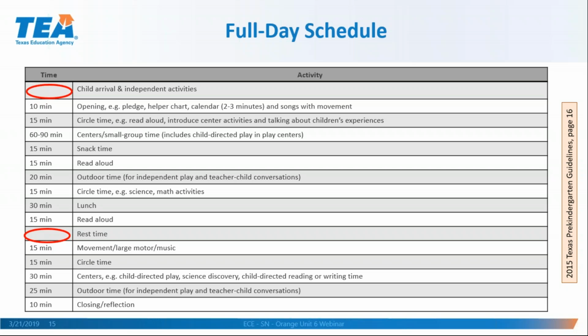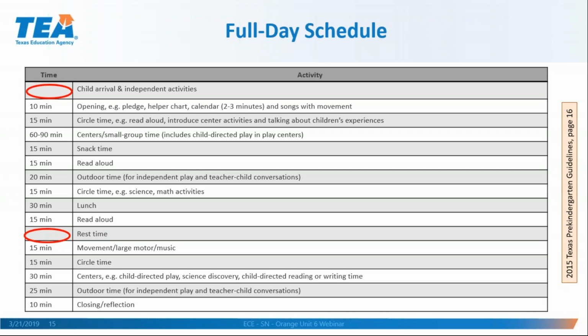If you had a 7-hour school day, I'm just using 7 hours as an example, that would be 420 minutes. So I just told you that this schedule has up to 320 minutes.